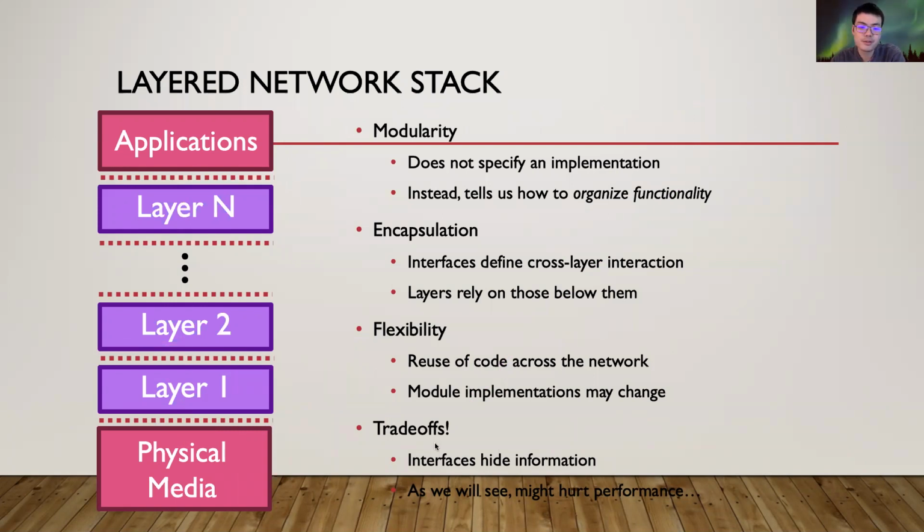And there's some trade-off. The interface will hide some information. I think all of you have this experience when using object-oriented programming. For example, if I have a class with an interface and I want to change an internal variable, I cannot just change it because it may be private. We need an interface, a setter or getter, to change it.